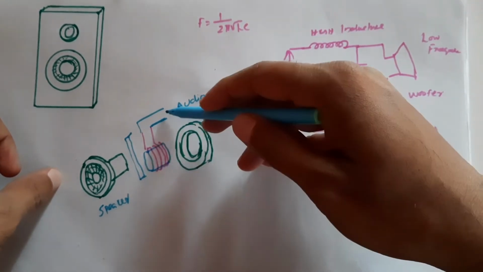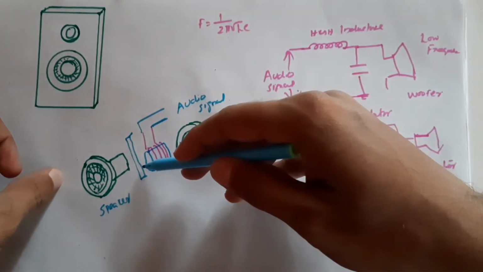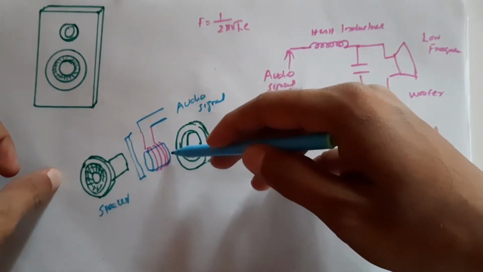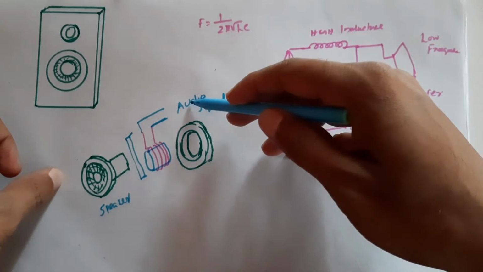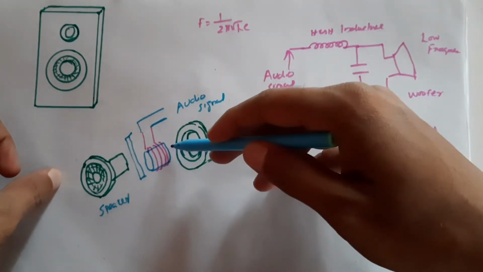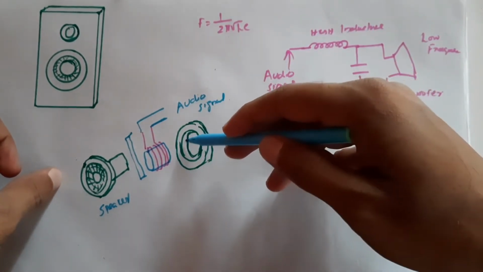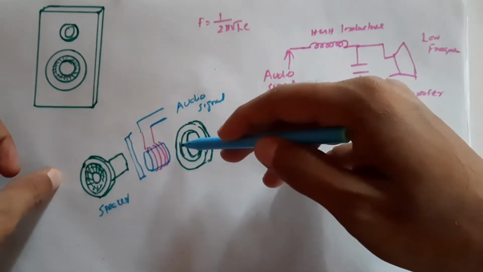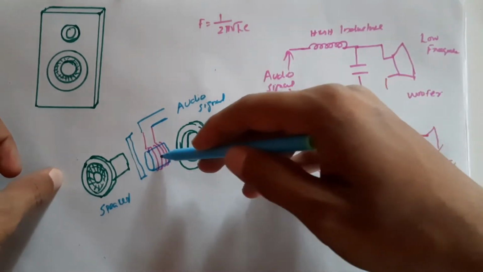That means if the audio signal is in one direction, this will become north and this will become south, and if the audio is reversed, the poles will become opposite. According to that, the coil will be attracted or repelled from the permanent magnet.